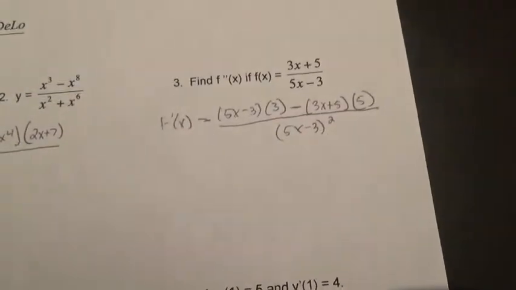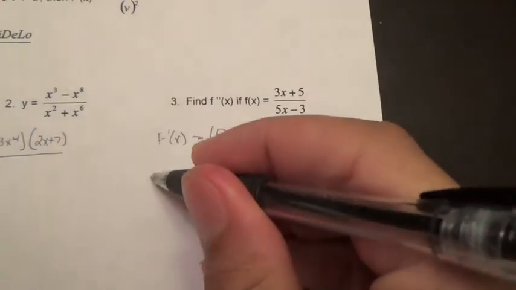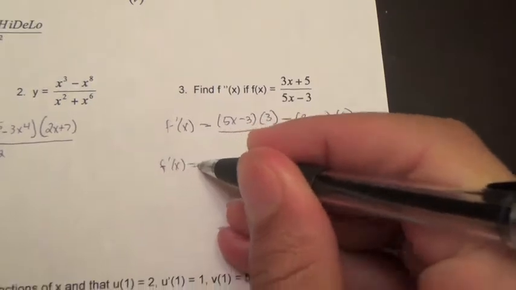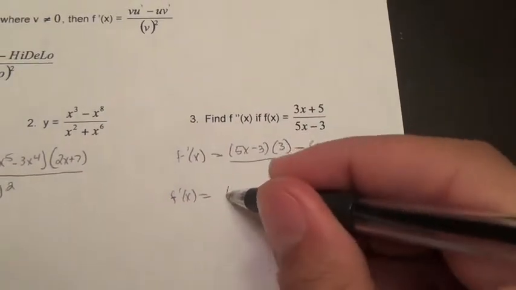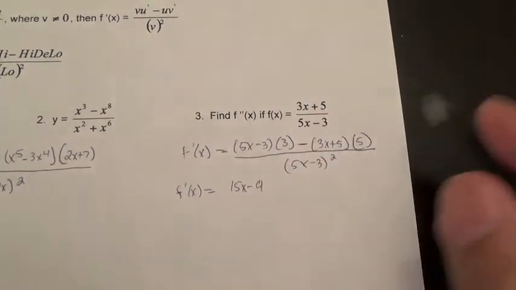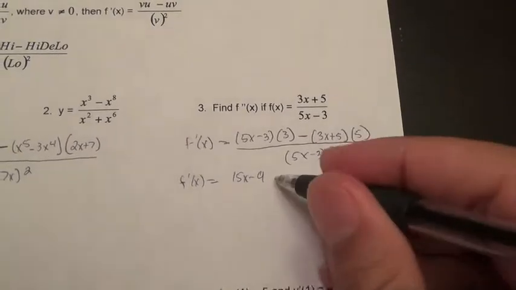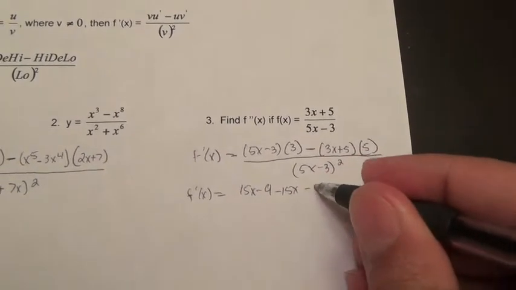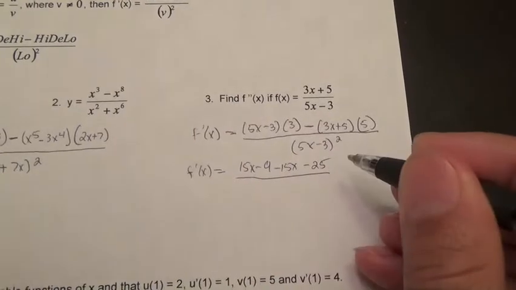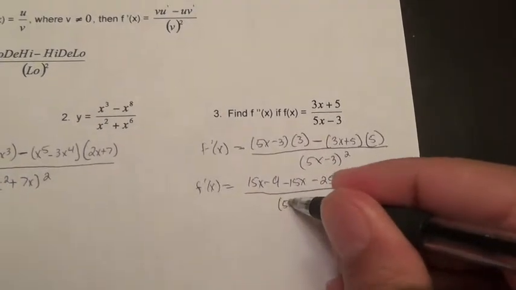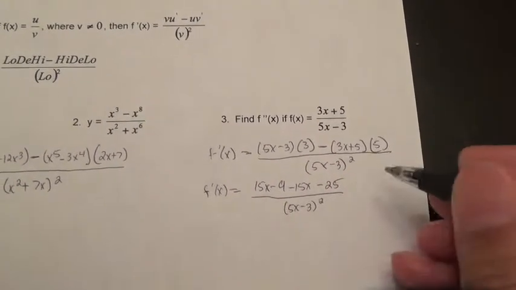F prime then is 15x minus 9, and then a negative 15x minus 25, all of that over 5x minus 3 squared.